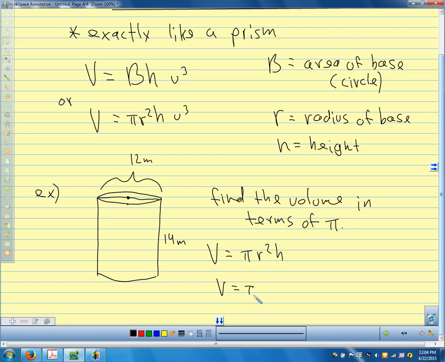So what do we need to plug in here? What's r? 6, because we have the diameter here, right? 6 squared. The height is 14. So we have pi times 36 times 14.